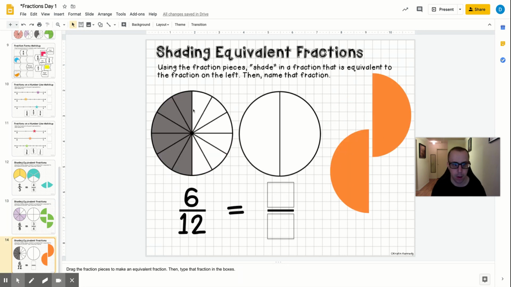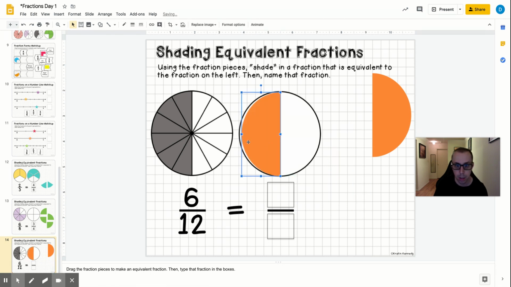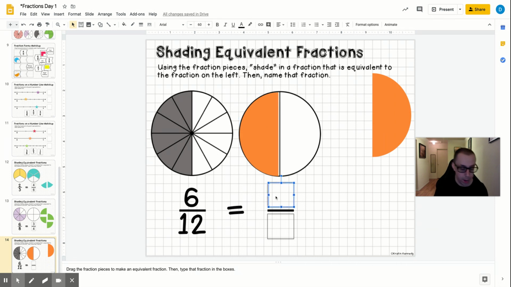Finally, okay, if you look here, 6/12. Now, I have mentioned that whenever you're dealing with a double, like 6 times 2, or 6 plus 6 is 12, or 6 is half of 12, okay, it's equal to 1/2. And if you look here, you can see that half of this shape is shaded here, okay? So it's 1/2.